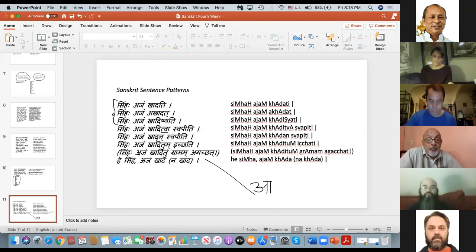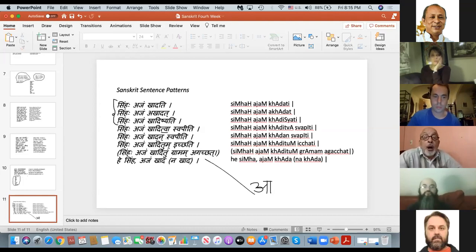Okay. Simha ajam khaditum gramam agachat. Ichati, I'm showing how khaditum is used. Likes to eat here, not in order to. Right? Khaditum doesn't mean in order to. But khaditum in the second sentence means in order to. In order to eat the goat, the lion went to the village.